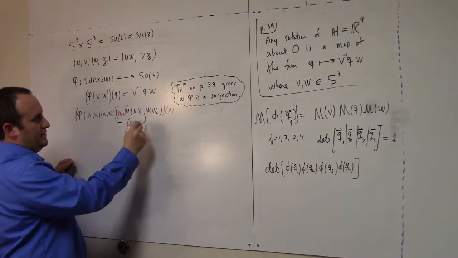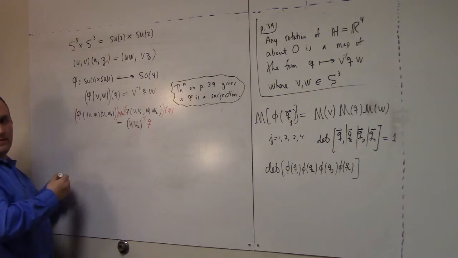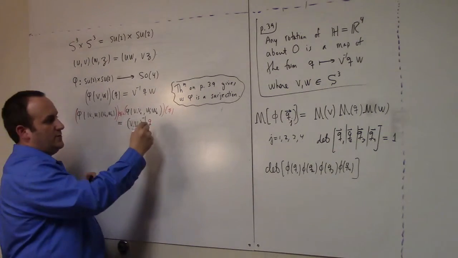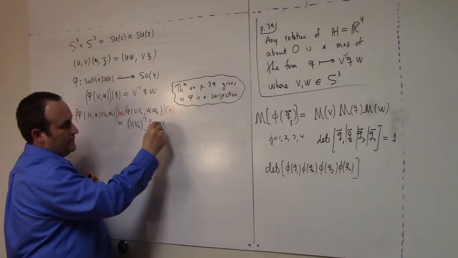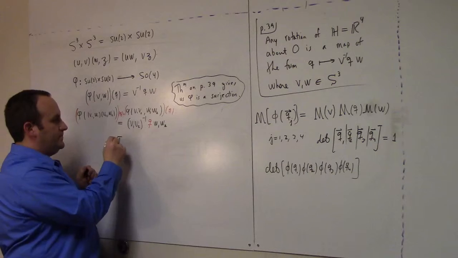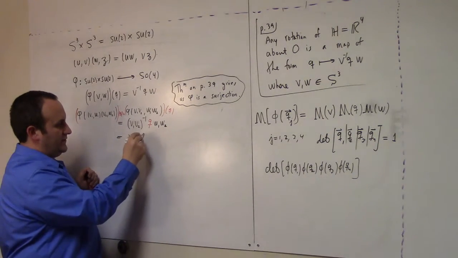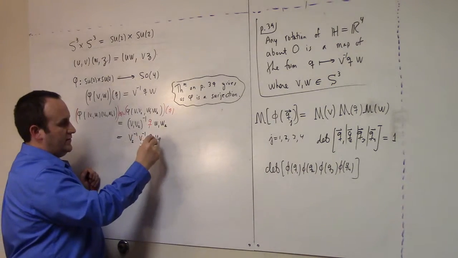So that Q, and then W1 W2. But this, by socks and shoes, is V2 inverse, V1 inverse, Q, W1, W2.